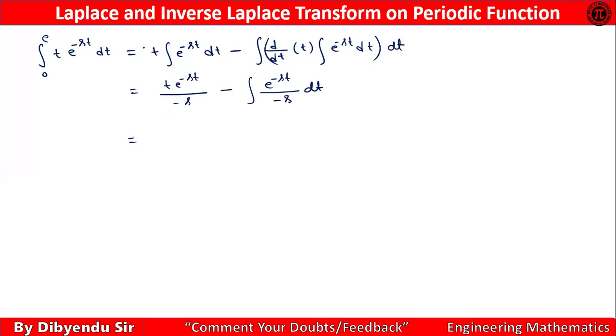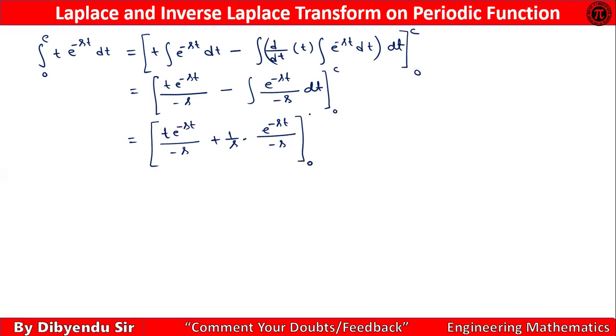So you are getting, obviously here the integration limit is 0 to c. Similarly here the integration limit is 0 to c. Okay, t e to the power minus st divided by minus s. This minus minus plus, plus 1 by s into integration of e to the power minus st. So that will be e to the power minus st divided by minus s, 0 to c.